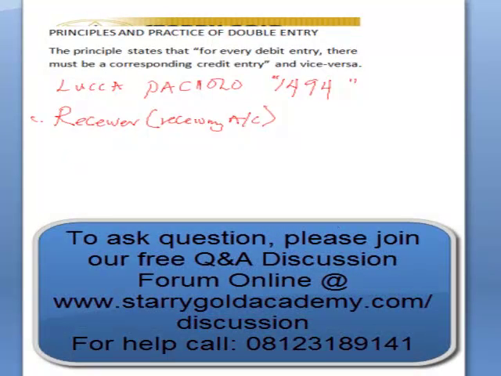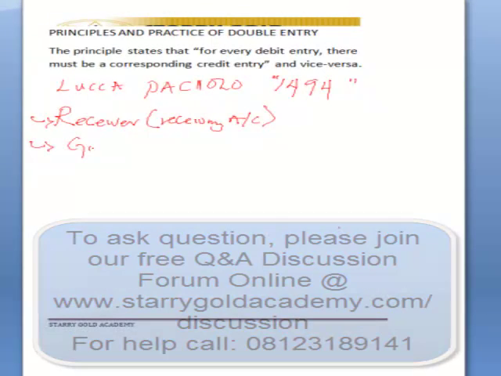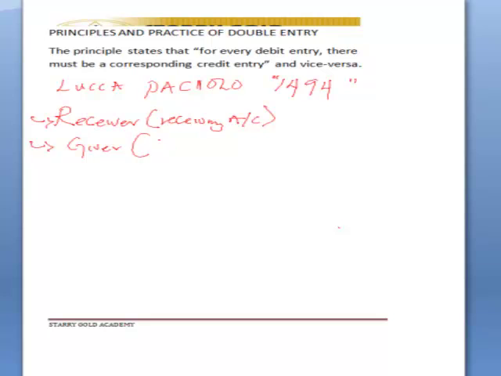Then we must have another party called the giver, which can also be called the giving account. So the double entry principle recognizes that there are two parties to every account transaction. As a result, we have the receiver and the giver.